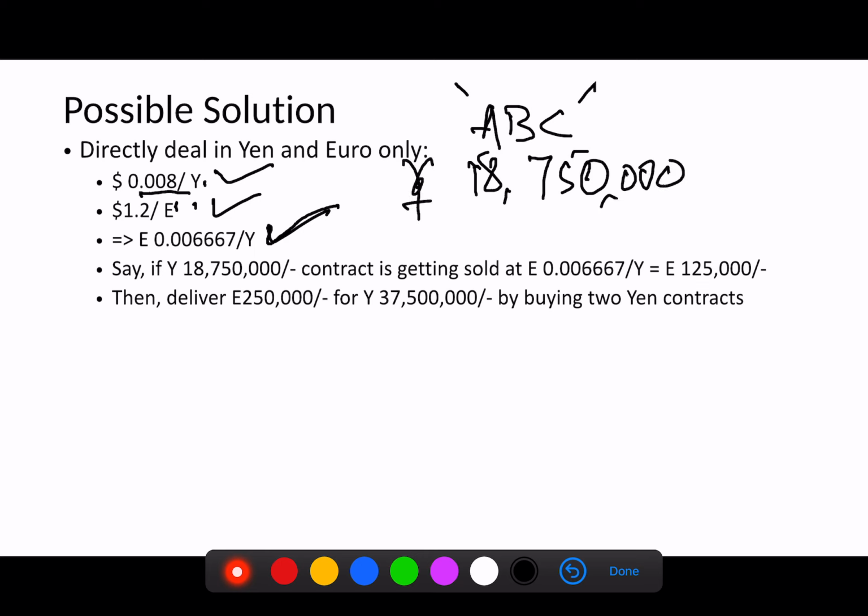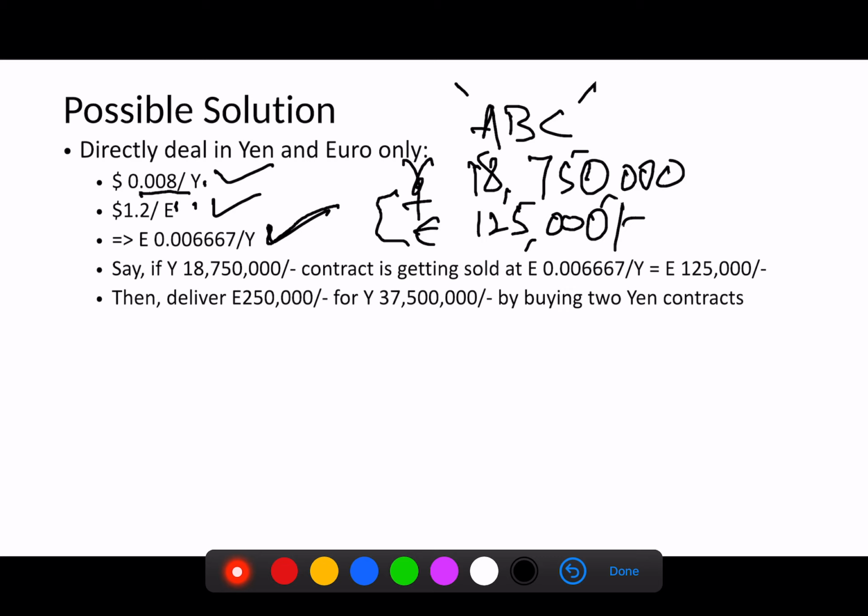And for the euro, say it remains the same, so the euro is 125,000 euros, the same as the Chicago Mercantile Exchange. But the good thing is that these 2 currencies can be directly exchanged with each other, and the dollar is not involved in this exchange.